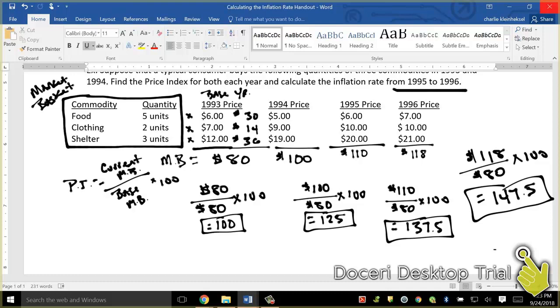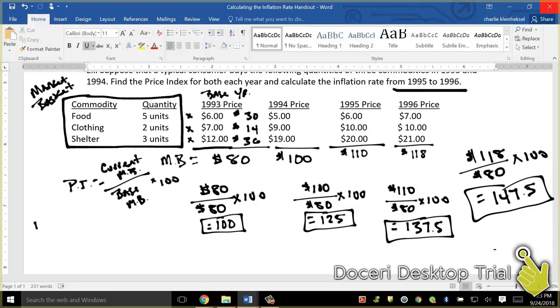So, last thing, step 4. We need to calculate the inflation rate. So I'm going to slide our inflation rate formula over here on the bottom left. You have it already on that sheet. But the inflation rate is equal to the new price index value minus, I got to start over here. Sorry, we don't have enough room.